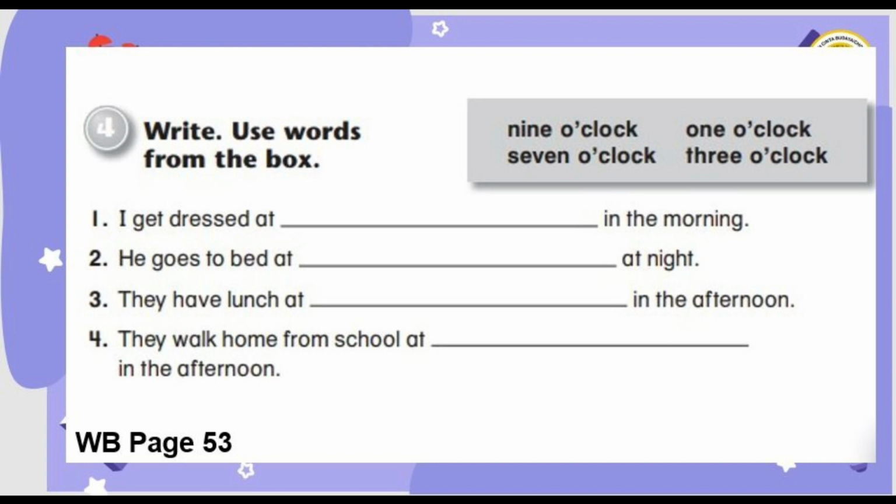Kira-kira jam mana yang tepat untuk jawaban nomor 1? 9 o'clock, 7 o'clock, 1 o'clock, or 3 o'clock? Yes, great, 7 o'clock. I get dressed at 7 o'clock in the morning. For number 2 to number 4, you do by yourself at home.